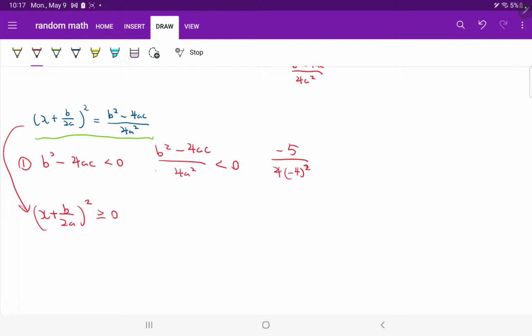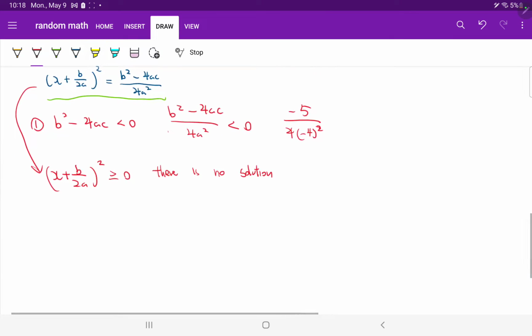So this contradicts, because our right side must be smaller than 0, but our left side must be bigger or equal to 0. So therefore, in this case, there is no solution. So this is the first case that we need to look at.